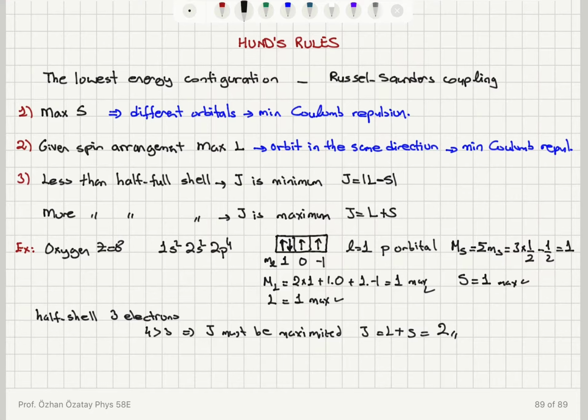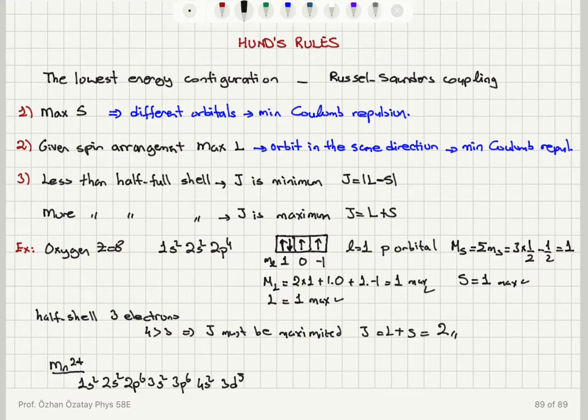Another example, manganese 2 plus ion has the following electronic configuration: 1s2, 2s2, 2p6, 3s2, 3p6, 4s2, and 3d5.